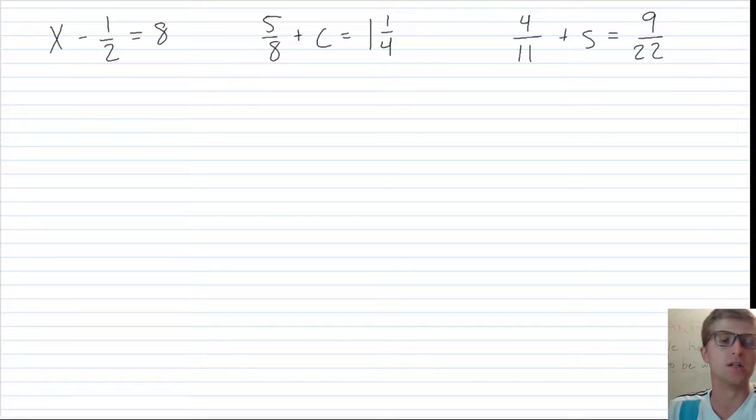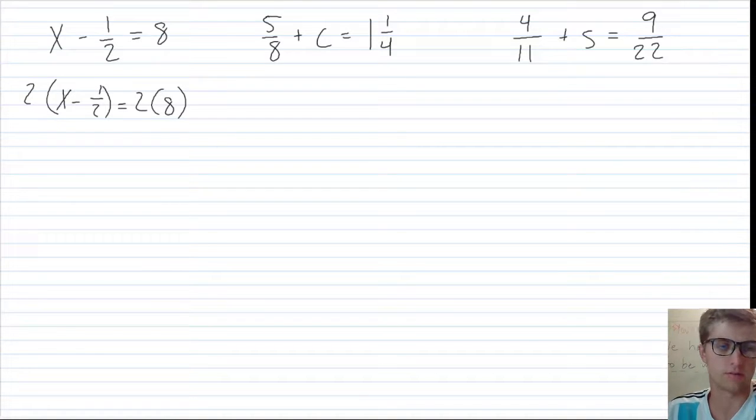All right, x minus 1/2. We want to multiply both sides by the least common multiple, which in this case is 2. We do that by first rewriting everything and putting them in parentheses. So rewrite the left side, x minus 1/2, in parentheses, equals 8, in parentheses, and now, like I said, we're multiplying by 2. Now we got distribution going on because we have a coefficient outside of our parentheses, and distribution works like multiplication.